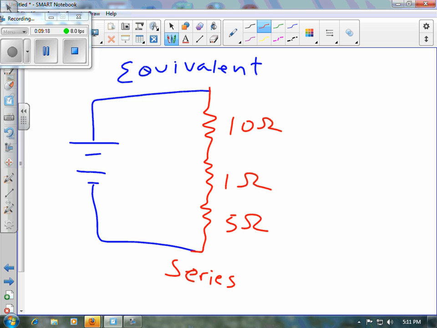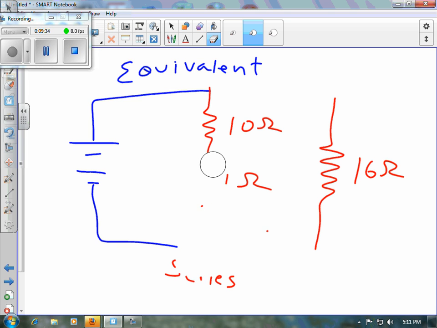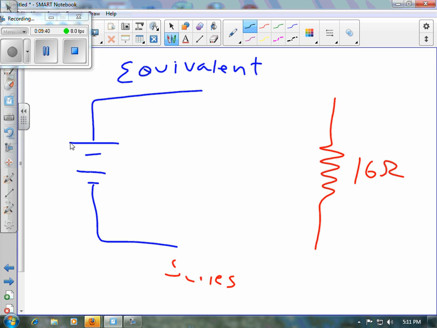They're 16, right. You're adding up 3 resistances, so the equivalent resistor is a 16 ohm resistor. So you can get rid of all of these and hook your circuit up. And there you have it.